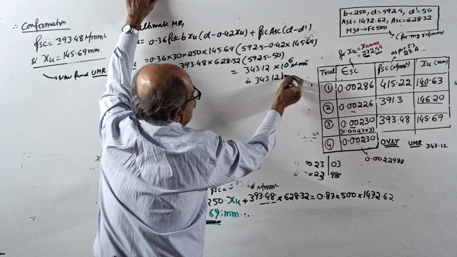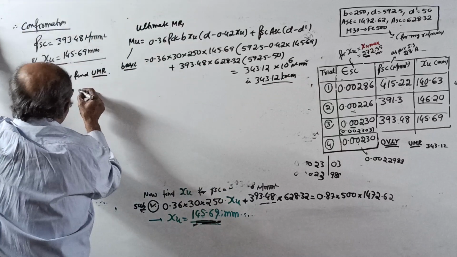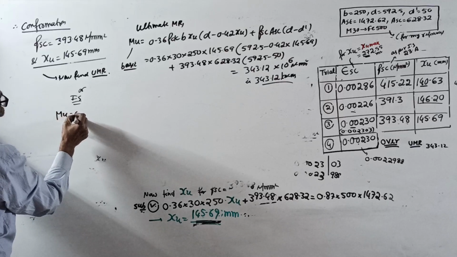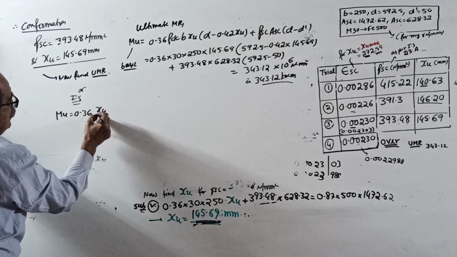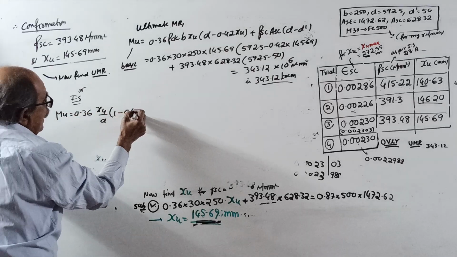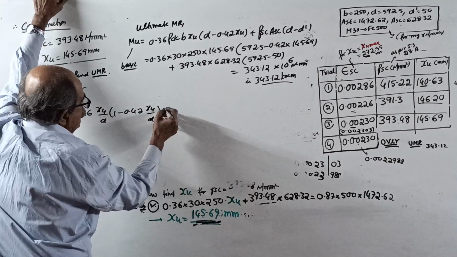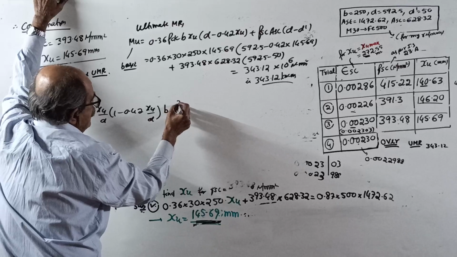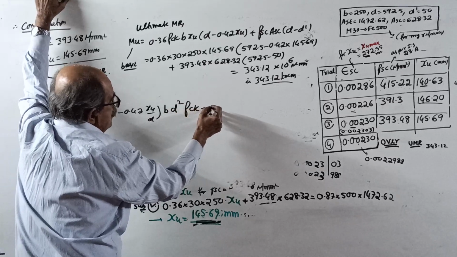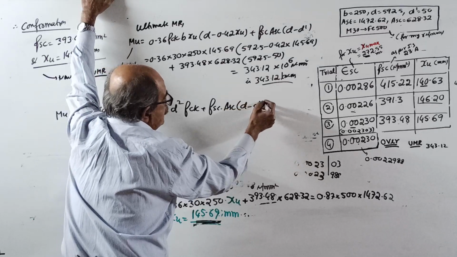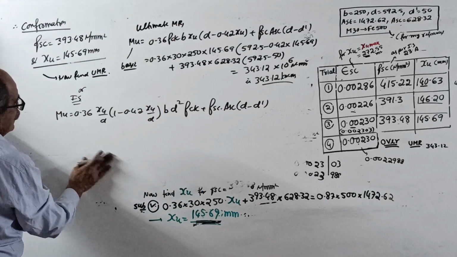That is 343.12 kilonewton meter. Or if you go by the IS code version, mu equals 0.36 into, I am writing the formula, I never come to class with memorized equations, because when I write something, I know what I am writing. Now see this equation.